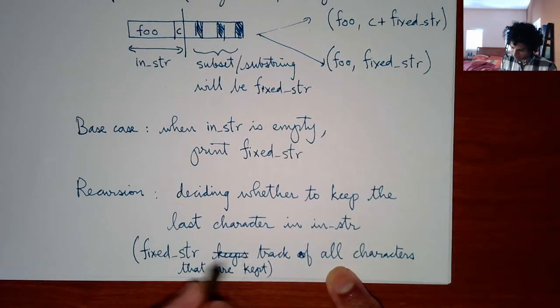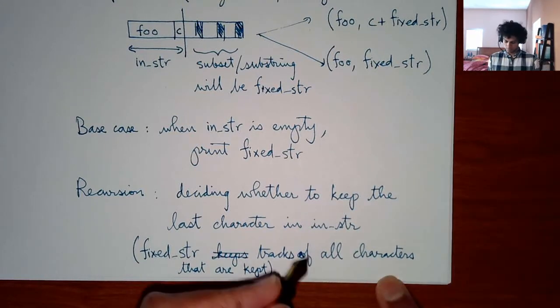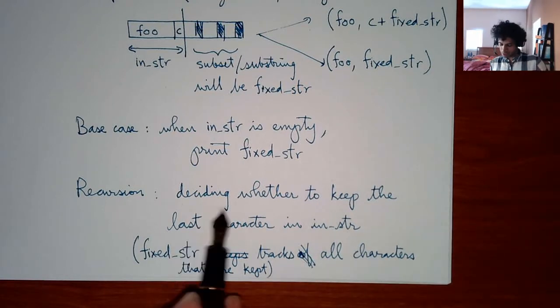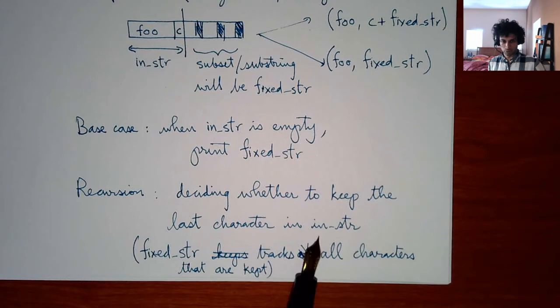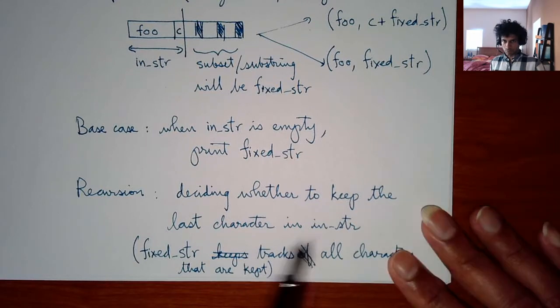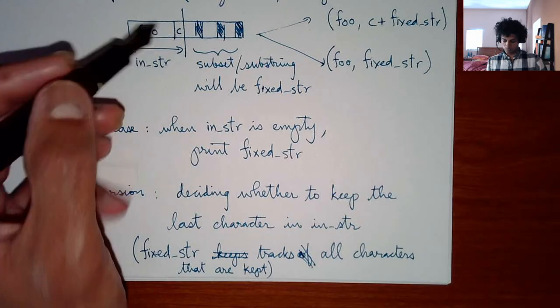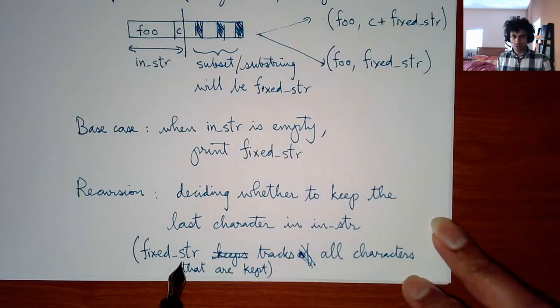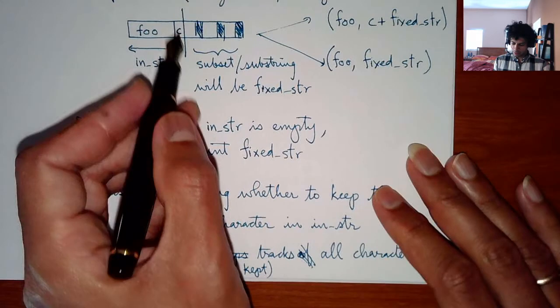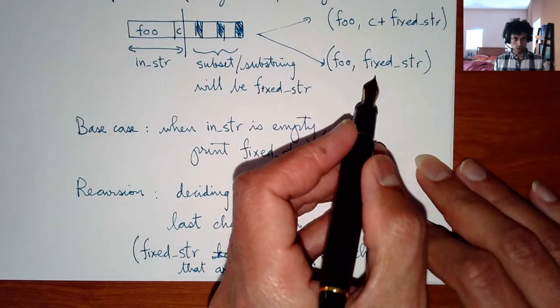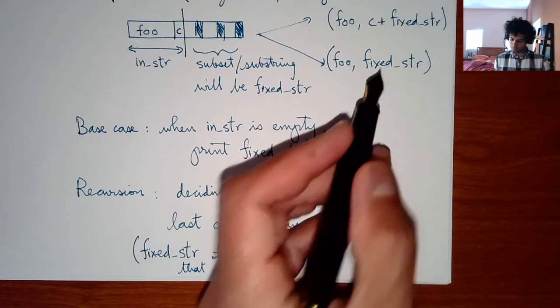I don't want to overload the word keep. So you're deciding whether you want to keep this last character for the substring. And so the fixed string just keeps track of all the characters that have been kept. So this is going to keep the character C, and this is going to drop the character C.